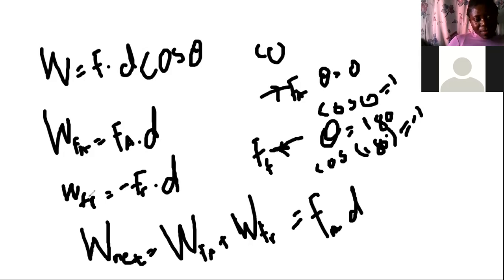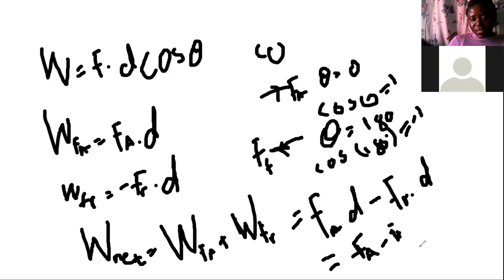The work done by the friction force is a minus friction force times the displacement. So I can simply factor out the displacement: the force applied minus the friction force, times the displacement, gives me work. What is this one here? It's just the net force in the x direction.